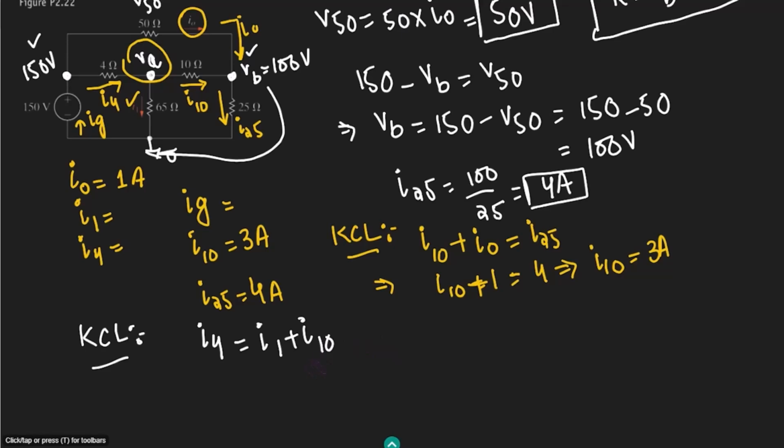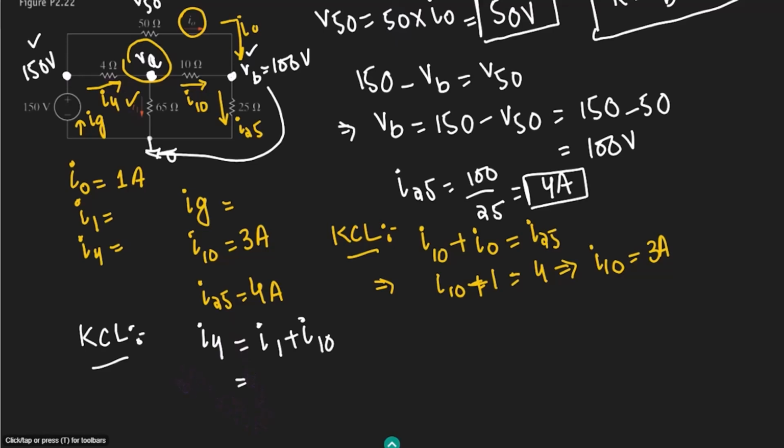The value of I10 is the current moving in this direction, so it is VA minus VB divided by 10, and the value of I10 is known. The value of I4 is 150 minus VA divided by 4.